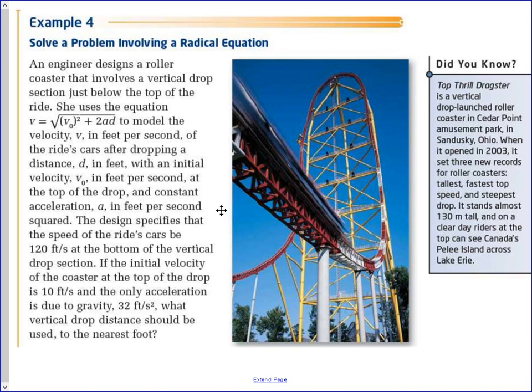Acceleration is given as 32 feet per second squared. The initial velocity is 10 feet per second, and the maximum velocity, the Vf, or just V in this case, is 120 feet per second.